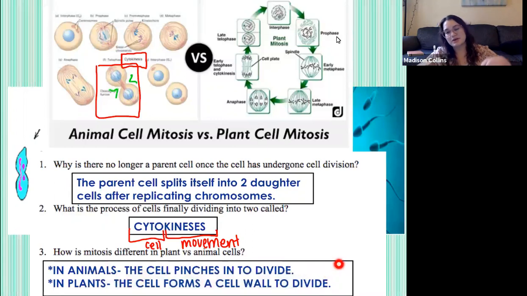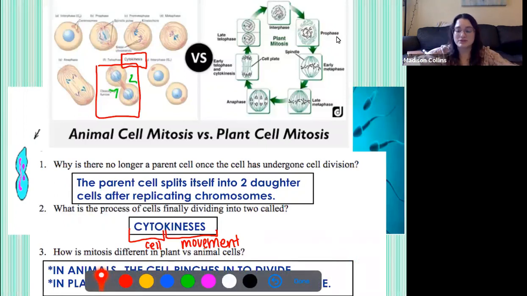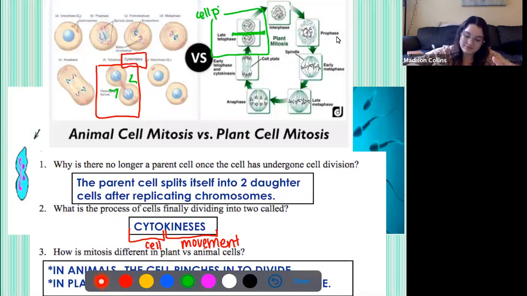So in plant cells, when mitosis happens, a cell wall actually physically forms between the two cells to separate them and push them apart. So you can see right here, a wall or a barrier is going to form between those two cells that eventually splits them apart. So the main difference here is just that presence of the cell wall in plant cells again.